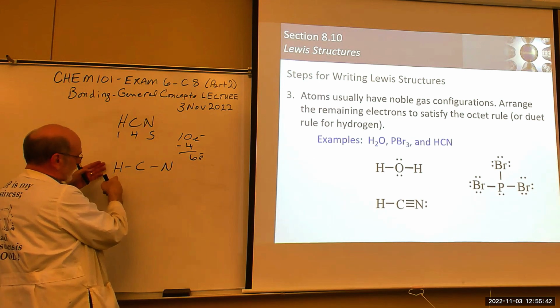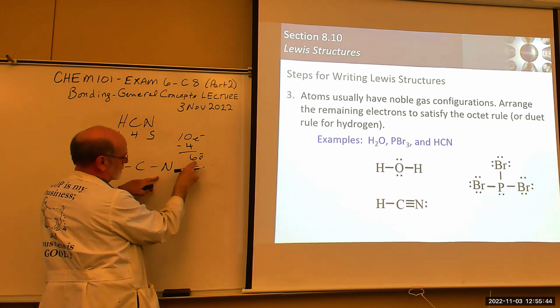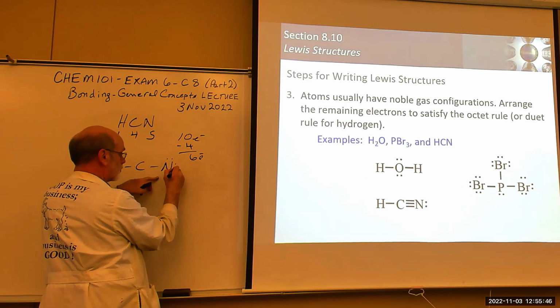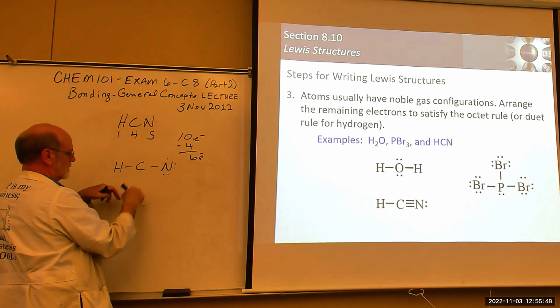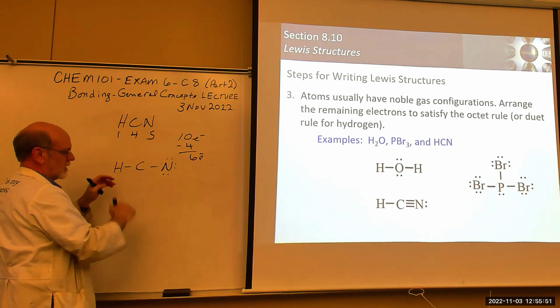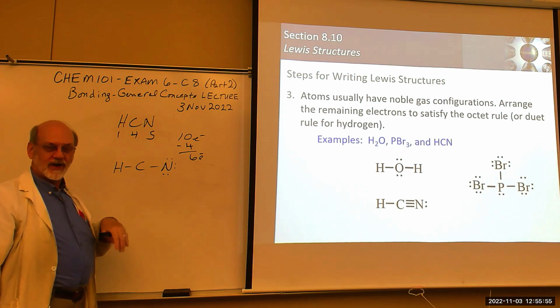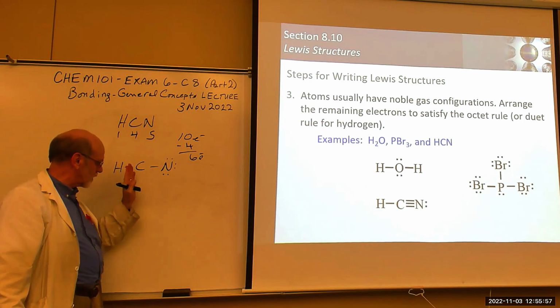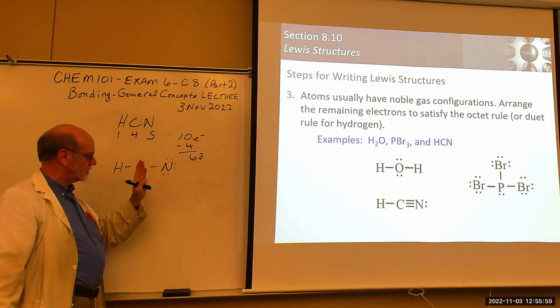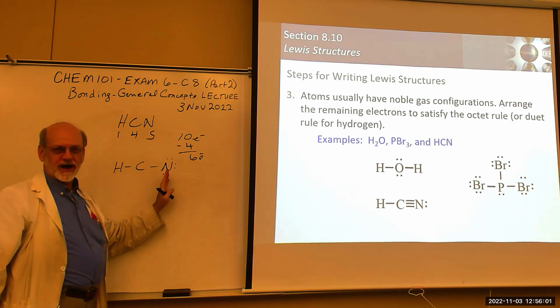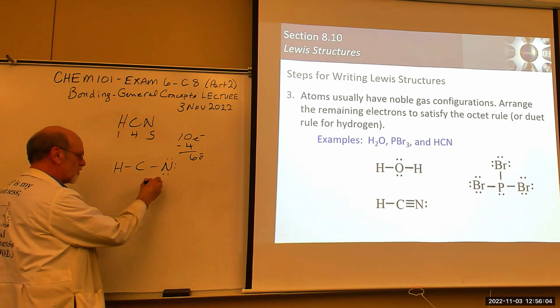Okay, so we can't put any more here. We could put those 6 electrons here. 1, 2, 3, 4, 5, 6. 2, 4, 6, 8. That's okay. Carbon is deficient. It only has 4. So how do you get 4 electrons around carbon without messing with your octet for nitrogen? Well, you move them over.